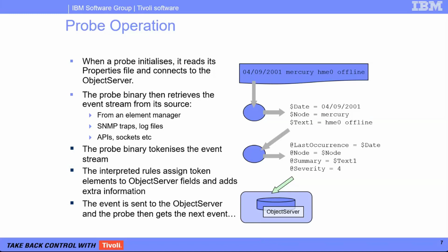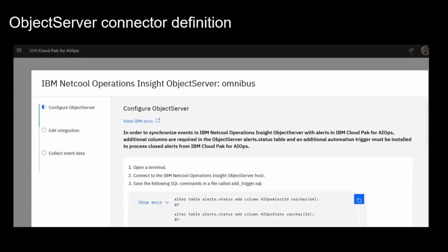If you change these object server fields, then you need to restart the probe as well. That's one of those things that you need to consider when you are playing with the object server map. Gateways are also something to consider, because gateways also read the object server layout on start. And in the gateway, you also have a mapping that needs to be synchronized.